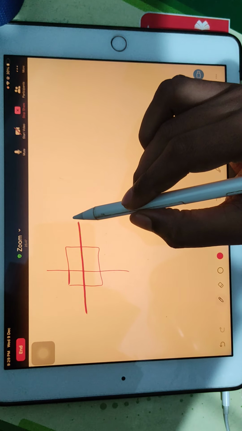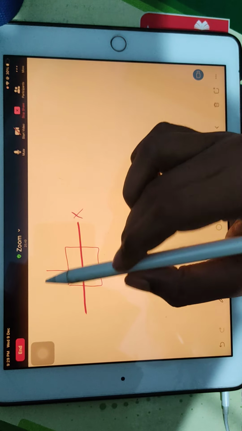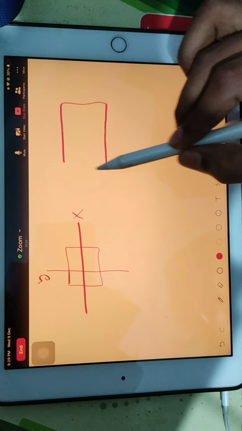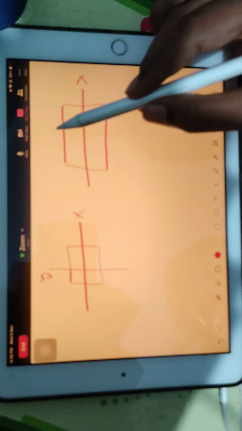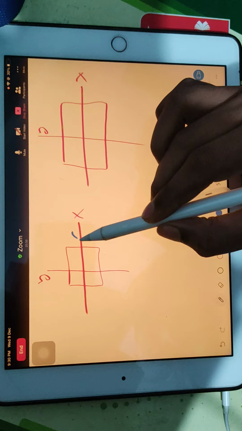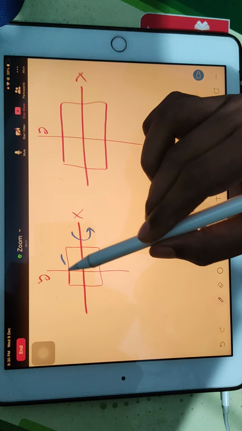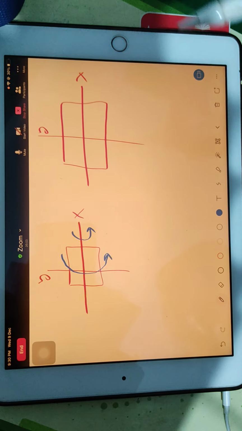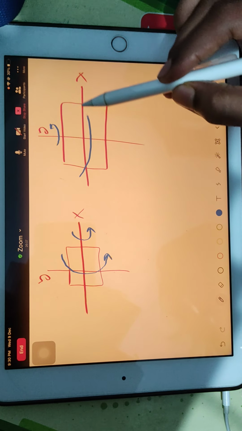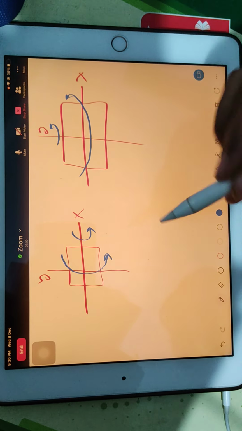Suppose this is x-axis, this is y-axis, and here same x-axis and y-axis. Your rectangle is rotating like this, and in this case, your rectangle is rotating like this.